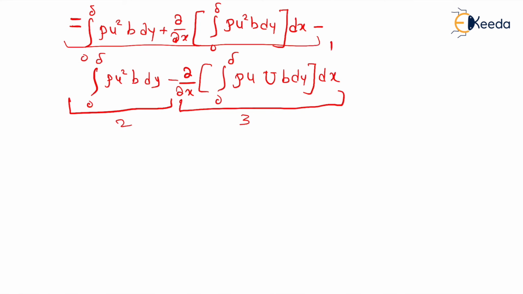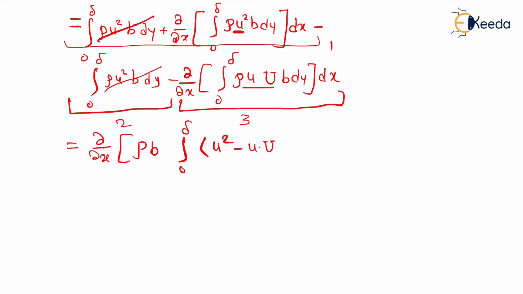So 1 minus 2 minus 3, totally it will become ∂/∂x of rho b, which is constant, integral 0 to del in bracket this u square minus this u into capital U. See, these two terms already get cancelled.